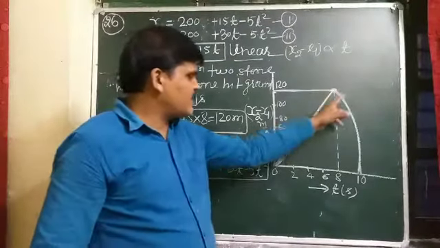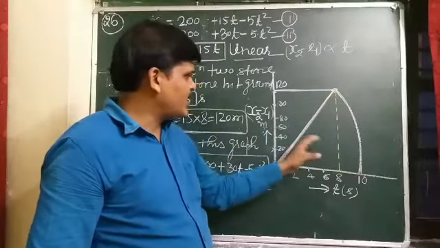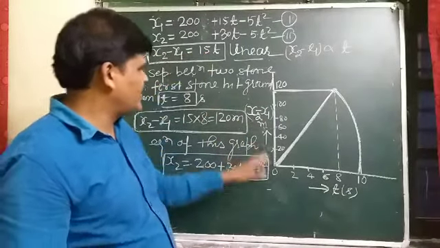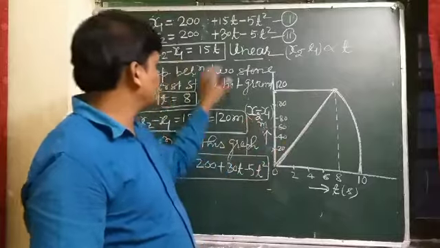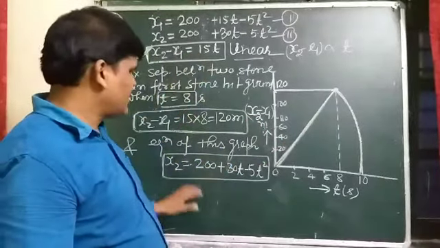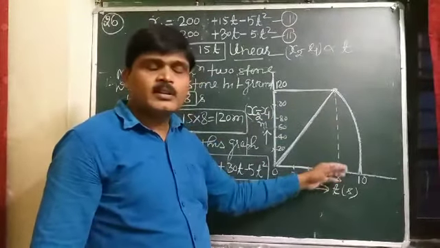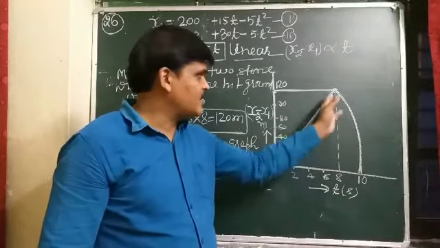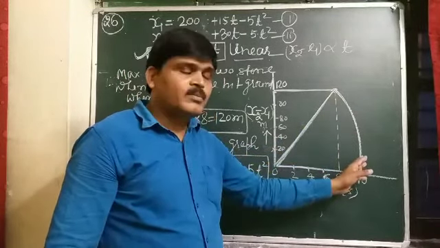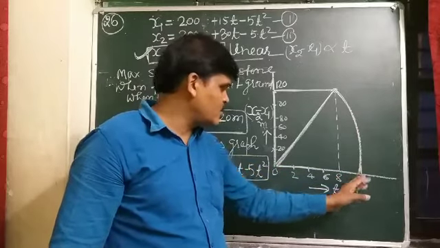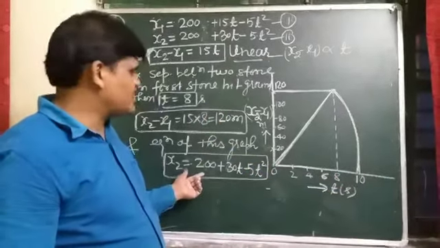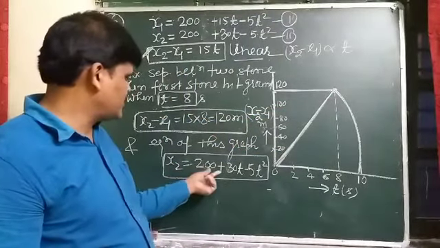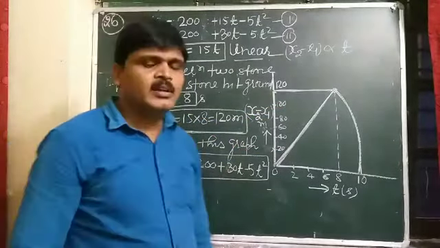So this graph is correctly plotted, and we find x2 minus x1 is 15t, and this is the straight line path shown by this equation. And after first stone hits the ground, 2 seconds later second stone will hit the ground, and the equation of the curve path of second stone is x2 equal to 200 plus 30t minus 5t square.